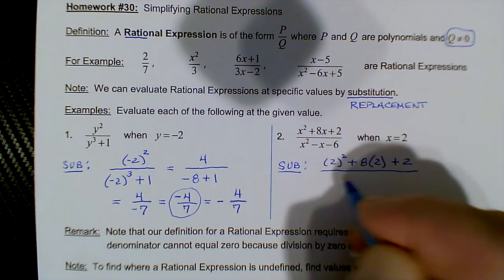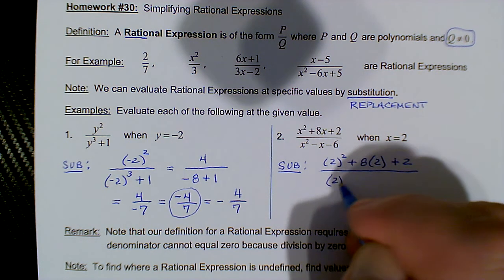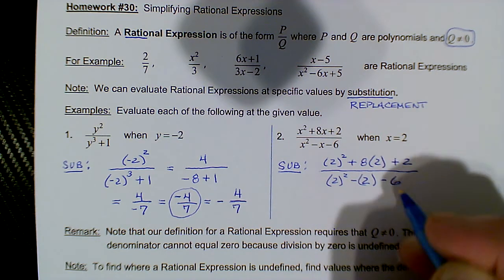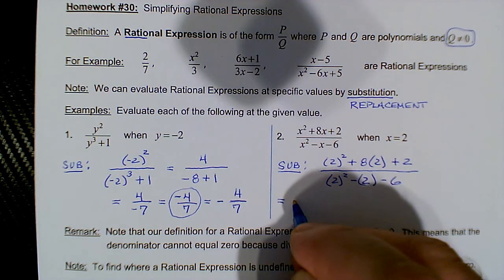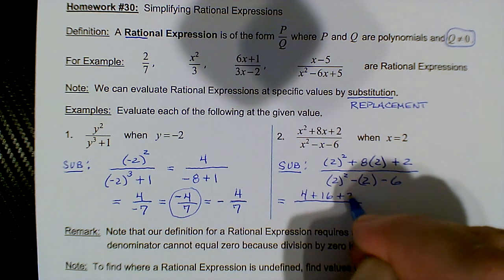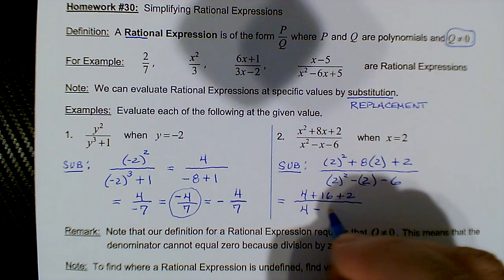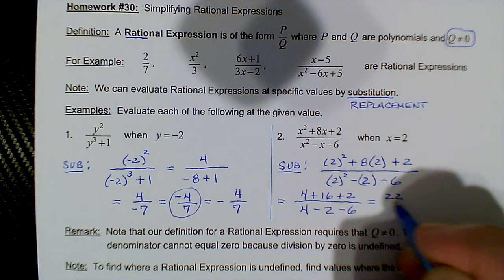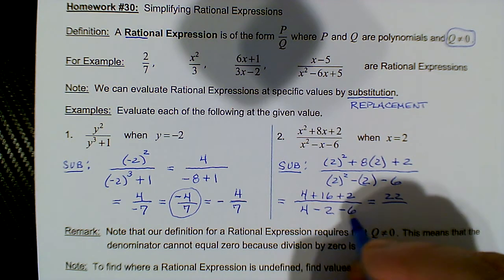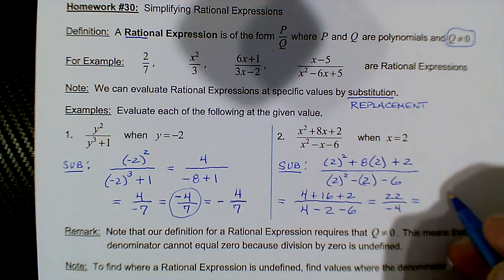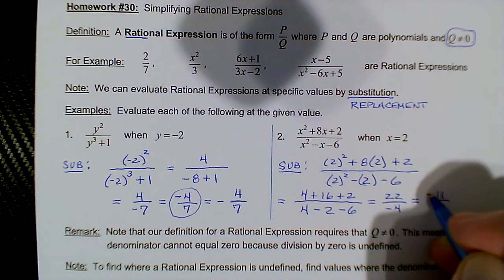And then similarly in the denominator, 2 squared -2 -6, and then do the arithmetic. So we get 4 plus 16 plus 2, or -2 -6. So that's 22 over, let's see here, we get 2 minus 6 is -4. We'll reduce that. 2 goes into 22 11 times, into 4 twice. And again, I'm going to choose to associate the negative with the numerator.